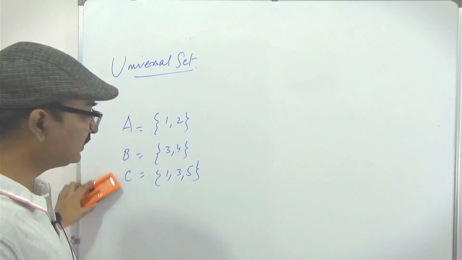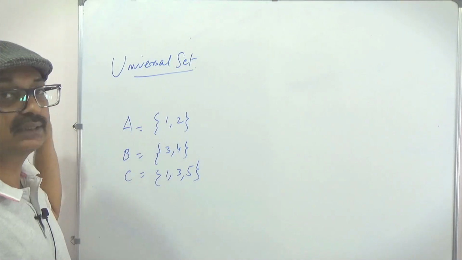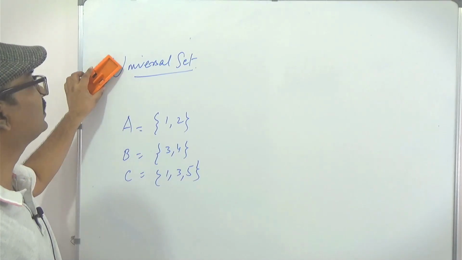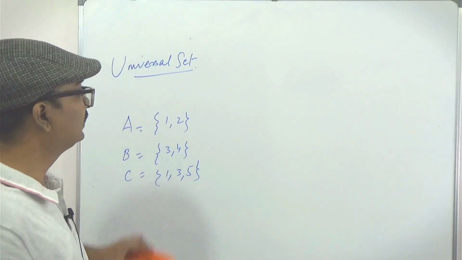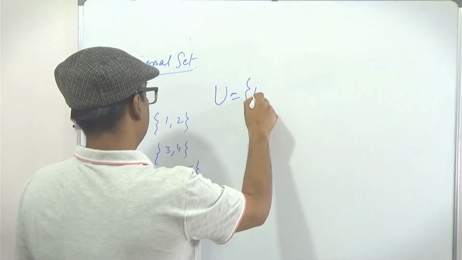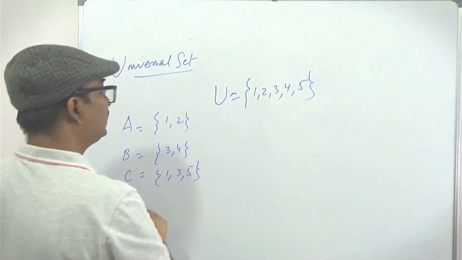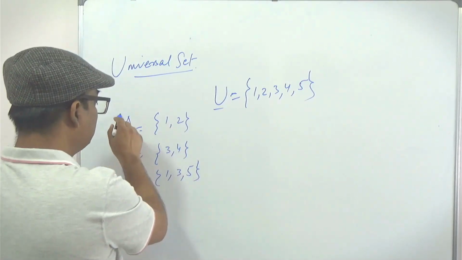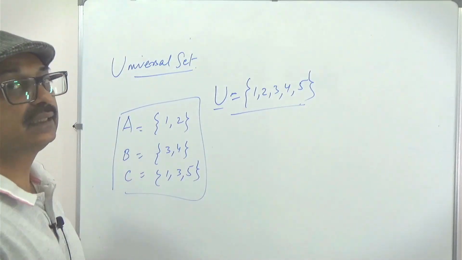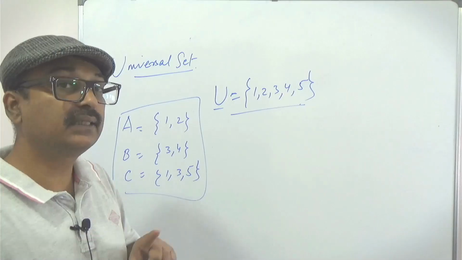The universal set for these 3 sets will be a set which contains all the elements of these 3 sets. That is, all these sets will be subsets of this universal set. It will contain 1, 2, 3, 4, 5. Repeated elements are written once. So the universal set for these three sets is this. So a universal set is a set which contains all the elements of its subsets.